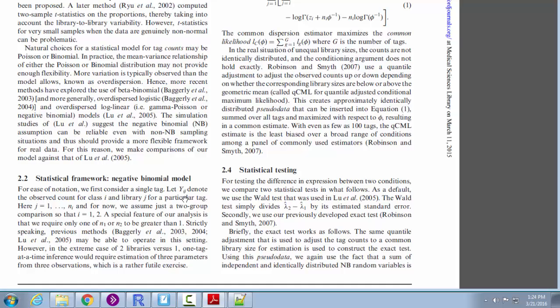That's the response for class i. That means comparison group i, like treatment versus control. It would be a two-class case, treatment versus control, but more generally there could be however many.